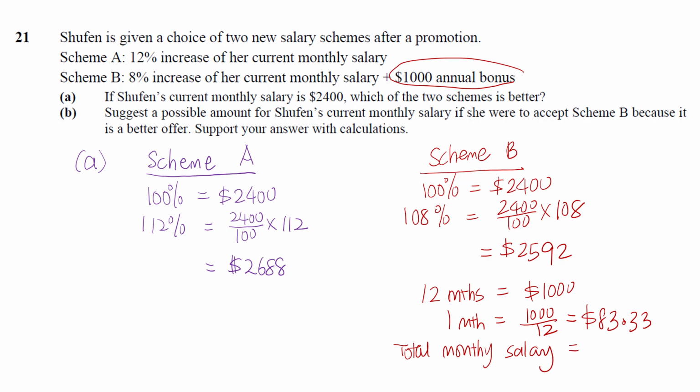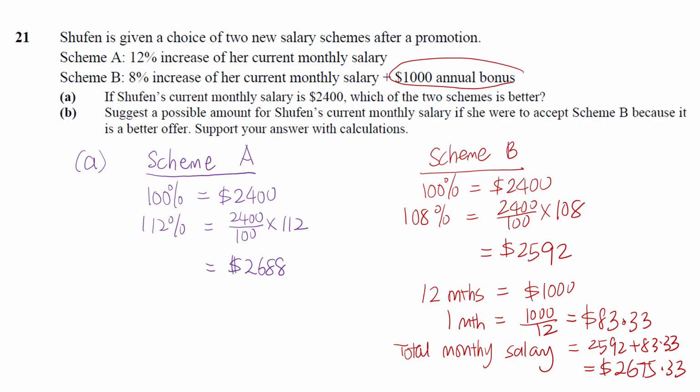All right, so the total monthly salary would then be 2,592 plus 83.33, which is 2,675.33. Okay, so obviously this 2,675.33 is slightly less than 2,688.